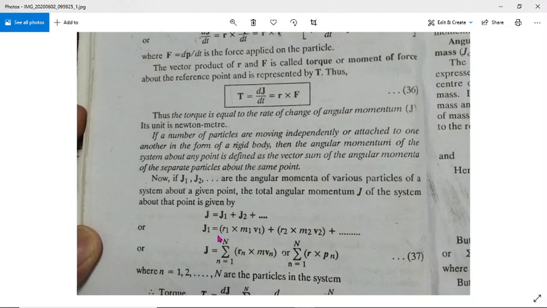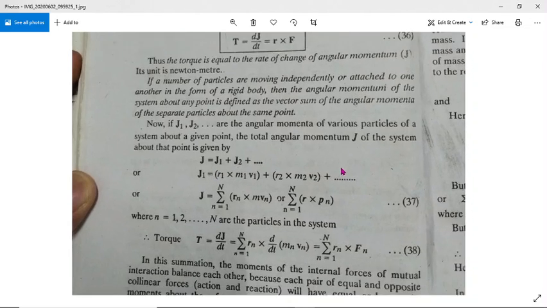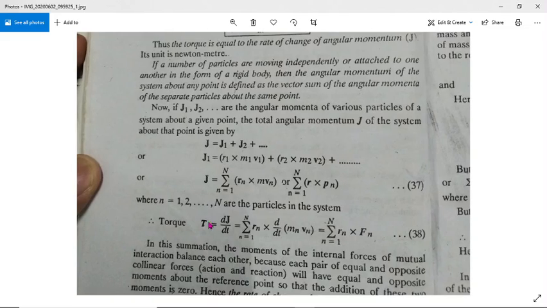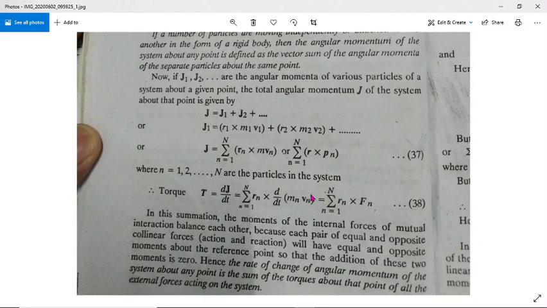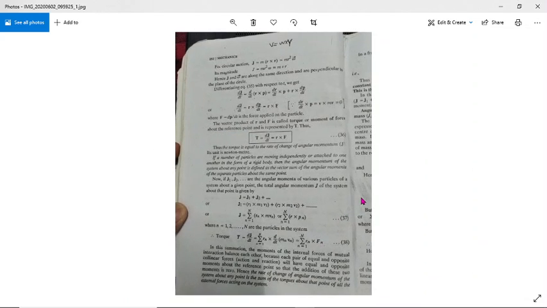Then we can substitute J1 as R1 cross m1 v1 and so on. Finally we can write torque T equal to summation Rn cross Fn. Okay, നമ്മൾ നേരത്തെ ചെയ്ത അതേ സ്റ്റെപ്പിനെ നമ്മൾ ഇവിടെ ഫോളോ ചെയ്യേണ്ടത്. Hence the rate of change of angular momentum of the system about any point is the sum of the torques about that point of all the external forces acting on the system.